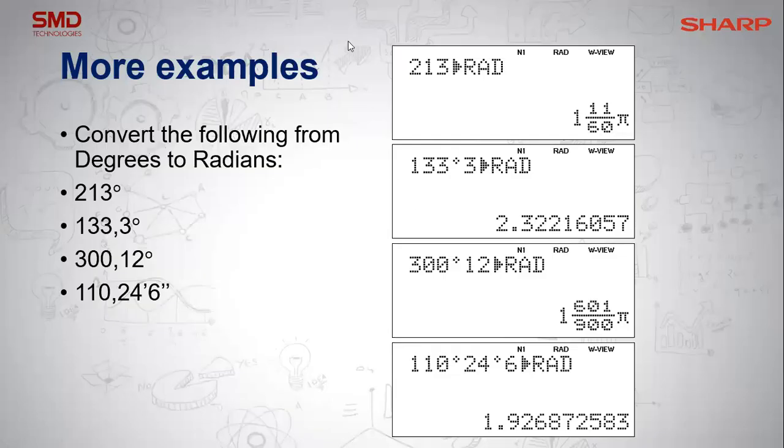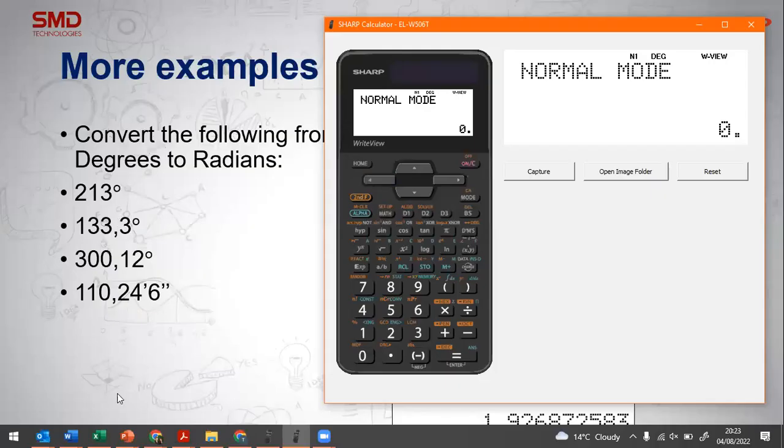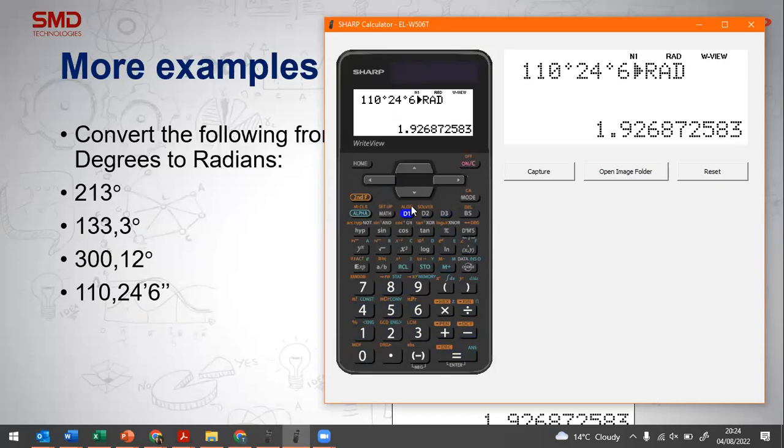I just want to show you the degrees, minutes, seconds example, and share both screens with you so that you can see. Here, this last one, we have 110 degrees, 24 minutes and 6 seconds. To input that, say 110 degrees is DMS, 24 minutes DMS, and 6 seconds. Then we just press D1, and that will give us our radians.